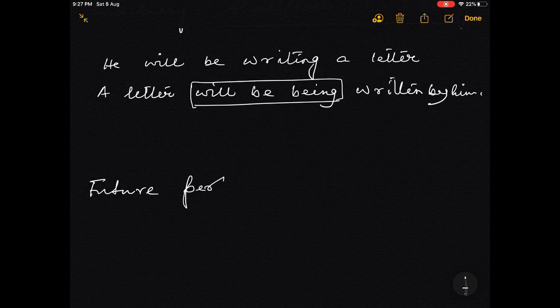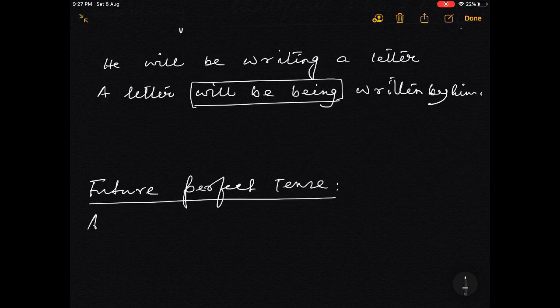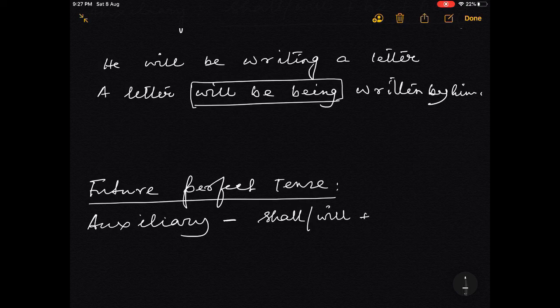Future perfect tense. Auxiliary shall or will plus have plus been. Take the example.